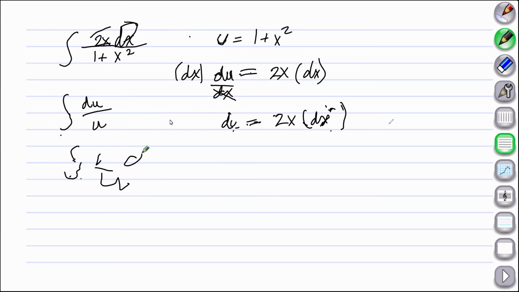So 1 over u would be ln u plus c, and then we just substitute in what u stood for. We're talking about this more tomorrow.